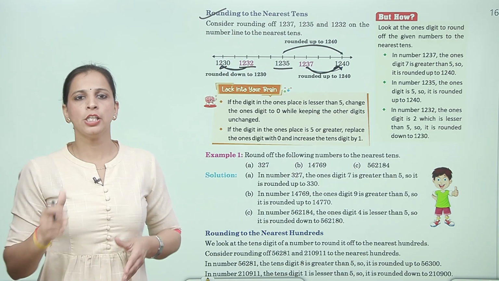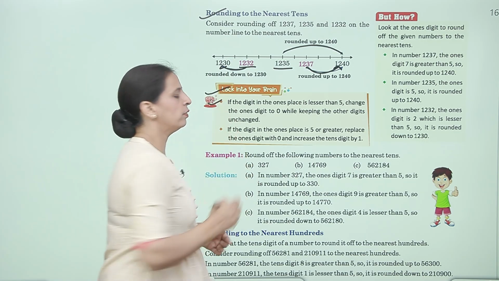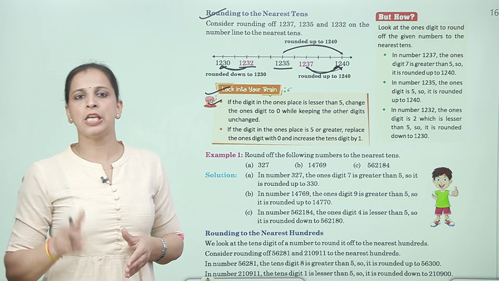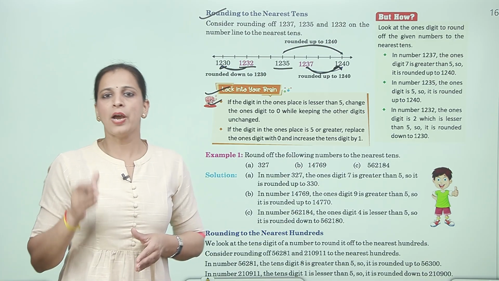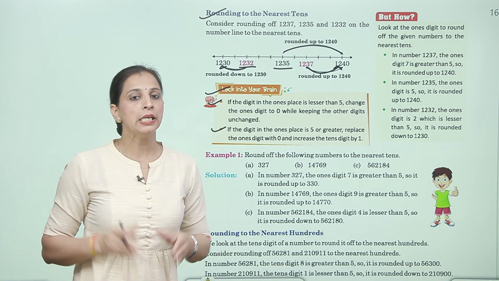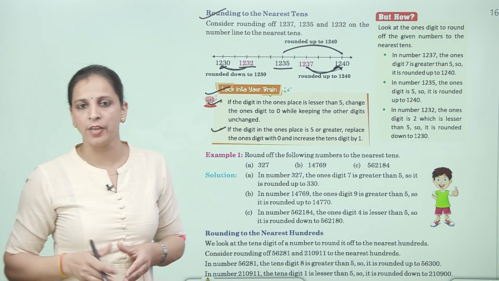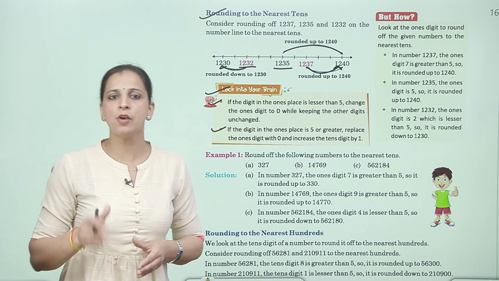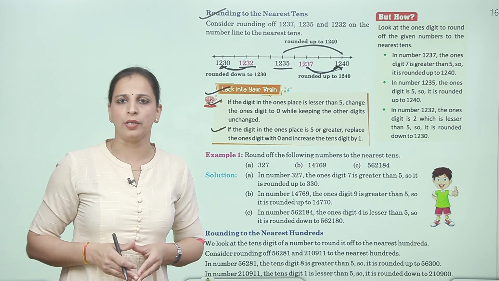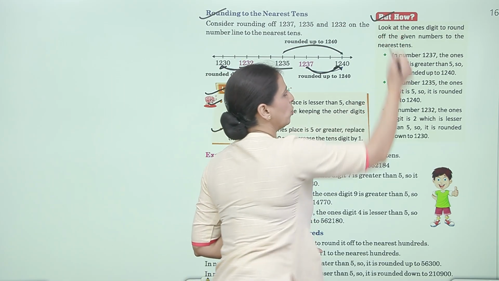Now lock into your brain. If the digit in the ones place is lesser than 5, change the ones digit to 0 while keeping the other digits unchanged. Next, if the digit in the ones place is 5 or greater, replace the ones digit with 0 and increase the tens digit by 1. Now, but how?